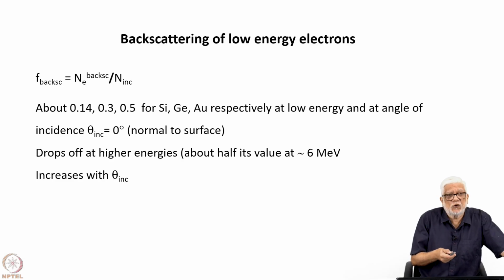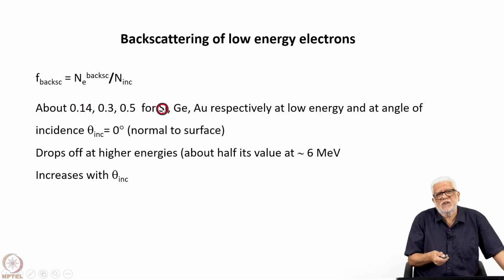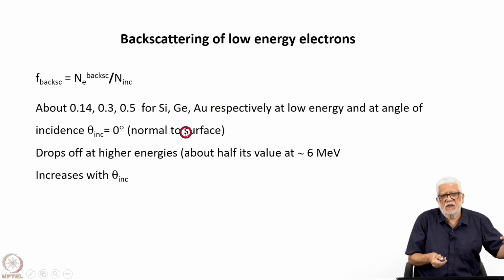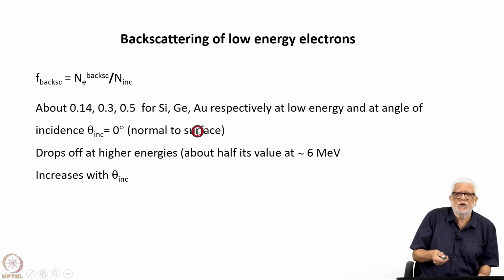And so this backscatter coefficient, the number which backscatter as compared to the number which is incident, of course increases with the Z of the material. It's about half for gold and it is about 14% for silicon for normal incidence. Of course, this changes at steeper angles. Of course, this fraction will increase, and it drops off to about half its value at 6 MeV or so at higher energies.